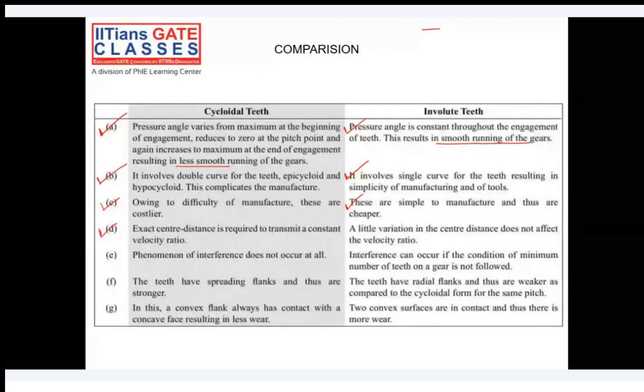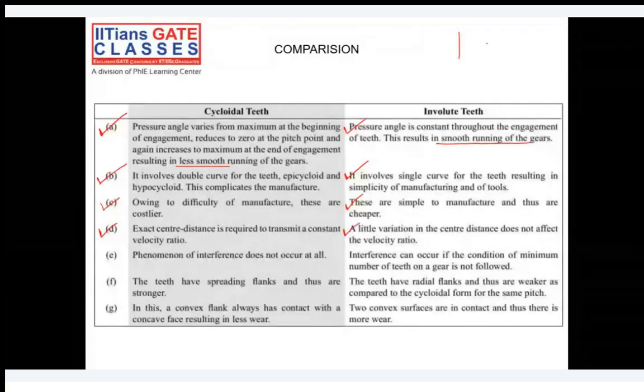Basically, the center distance should be accurate whenever it comes to cycloidal teeth profiles of gears in mesh with each other, and you can have a little bit of tolerance when it comes to an involute teeth profile.